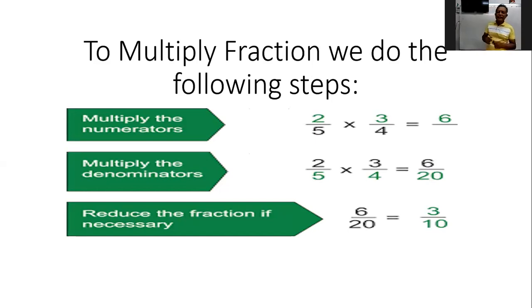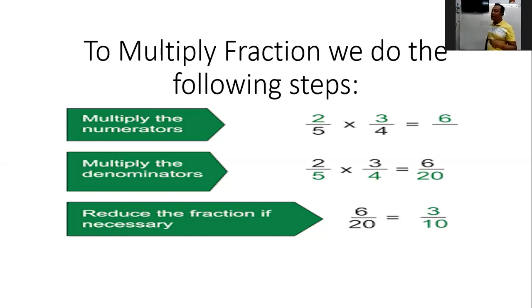The first one is multiply the numerators. In the example, it says 2 over 5, that's the first fraction, times 3 over 4. Let me just write it on the board so that you can also see it on the screen. So when you multiply fractions, multiply only the numerators.